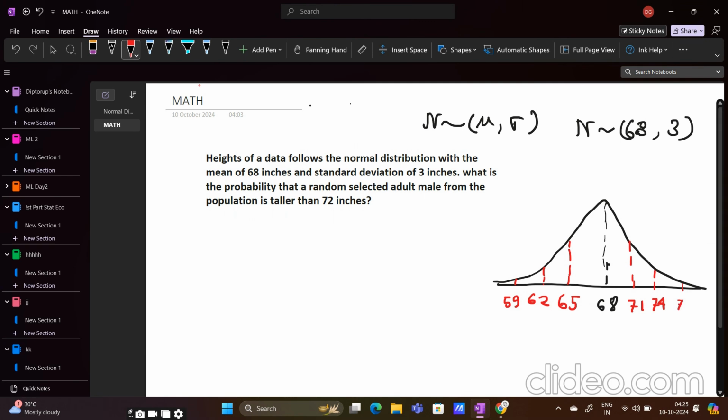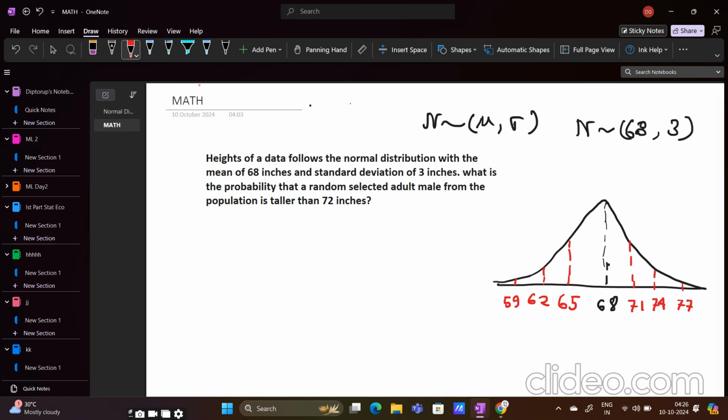that is 77. As per the empirical rule, in between mu minus 1 sigma and mu plus 1 sigma we have almost 68% of the data points, or to be precise 68.27%.